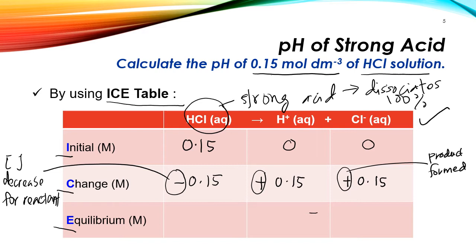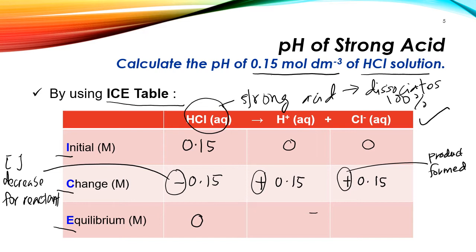So, at the end of the reaction, when they reach equilibrium, we can determine the final concentration of all the substances involved in the dissociation. For the strong acid HCl, since the initial concentration is 0.15 molar and during the reaction it was completely dissociated by 0.15 molar, finally there is zero concentration of hydrochloric acid.